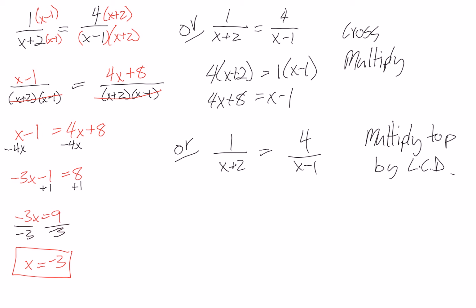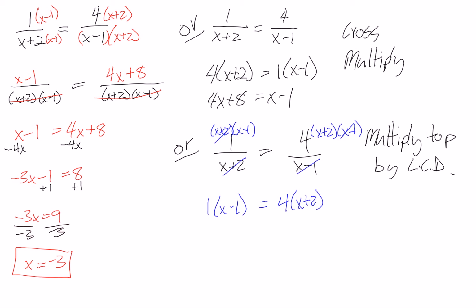So we already knew in the first question our common denominator was both the x plus 2 and the x minus 1. If we multiply the top by x plus 2 and x minus 1 on both sides, then we can cancel the fractions. So we have an x plus 2 that goes away on that one, and we have an x minus 1 that goes away on this one. So we end up with 1 times x minus 1 on that side and 4 times x plus 2 on that side. So you can see we get back to the exact same equation again.